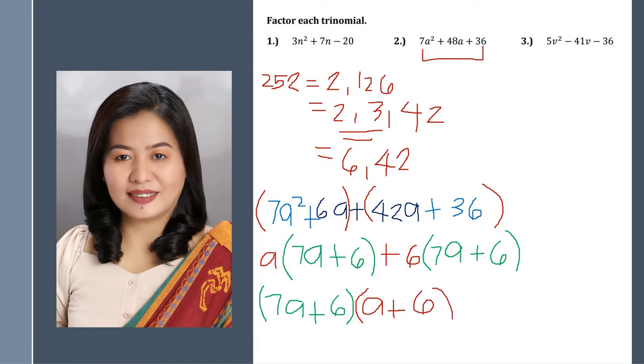So the factors of the given 7a squared plus 48a plus 36 are 7a plus 6 and a plus 6.